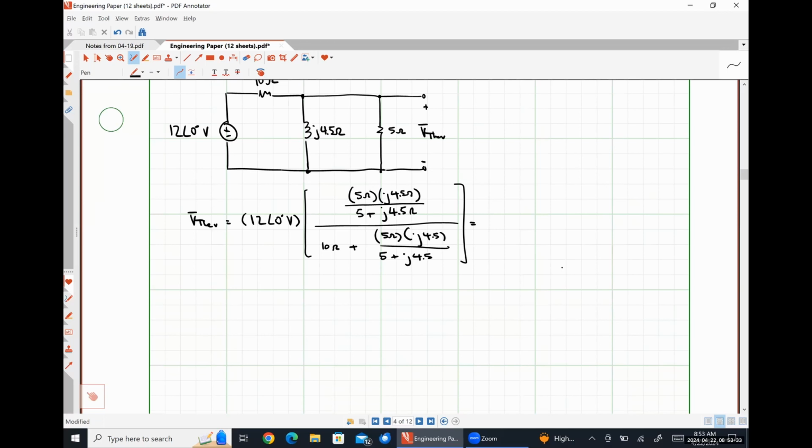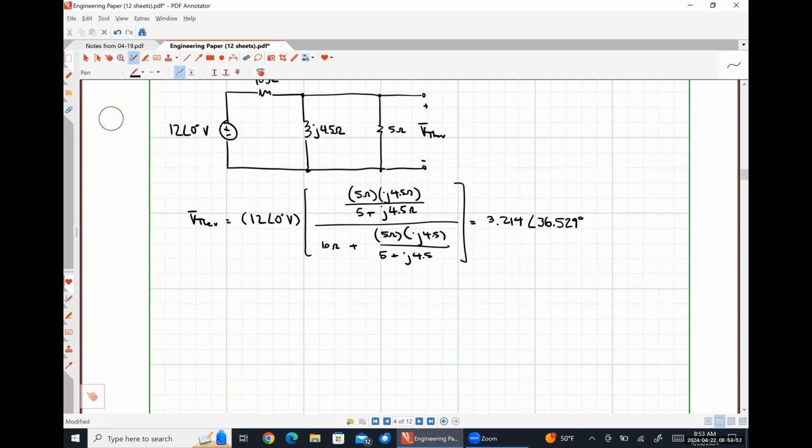And I got 3.214 and some change, angle 36.529 degrees volts. Anybody have any problem with the application of voltage division?